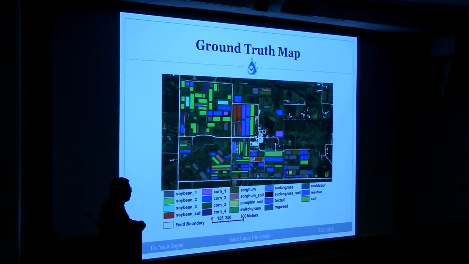And then from there, this is the experimental field, and as you see, this is WorldView imagery. It's a large agricultural field. There are about 20 to 30 different types of crops, just crops. Those different colors represent different crops here, like soybean, and soybean 1 to 3 are 3 different genotypes of soybean, right?